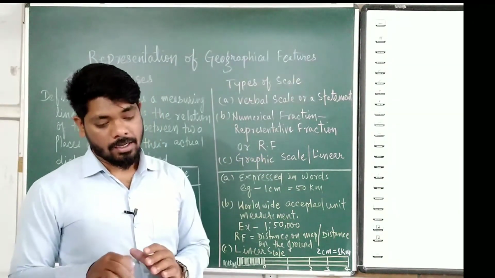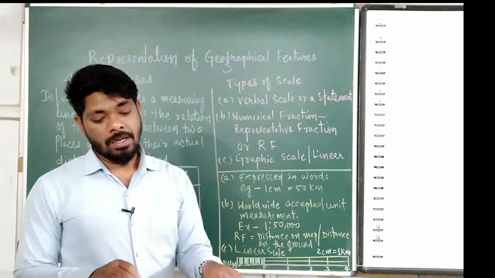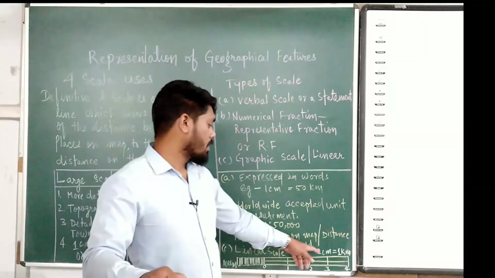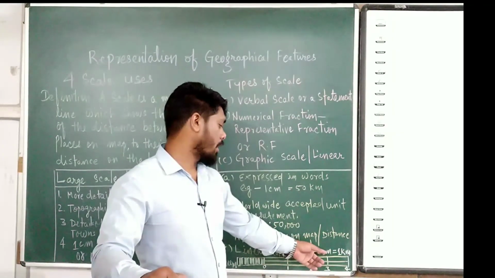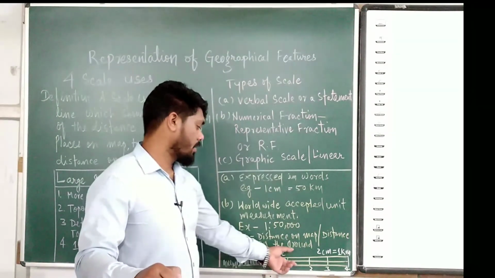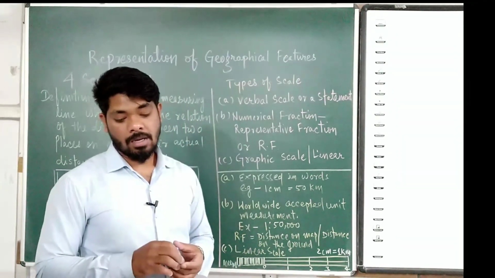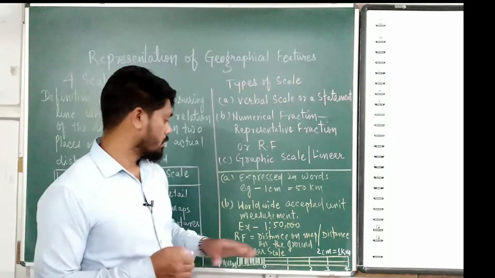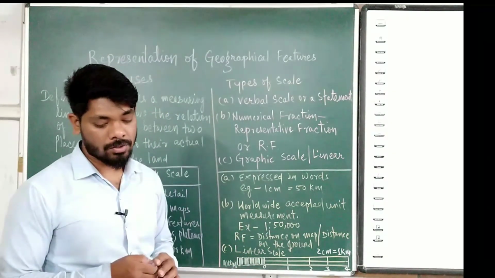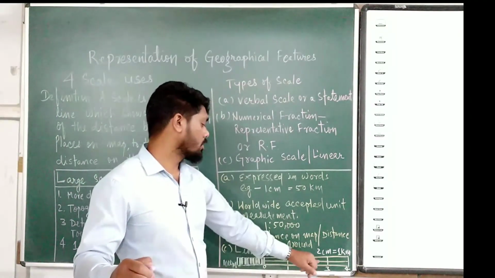Next one is the graphic scale or linear scale. On your topo sheet it will be written as 2 centimeters is equal to 1 kilometer. This is the statement, and it will be drawn likewise. Accurate distance can be taken from this linear scale. Suppose it is 0, 1, 2, 3, 4.